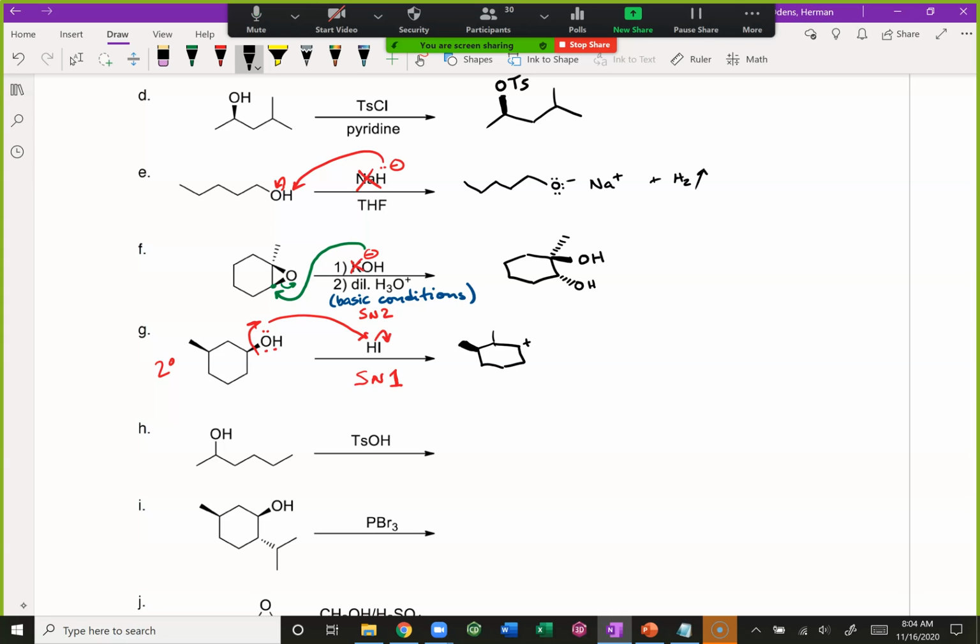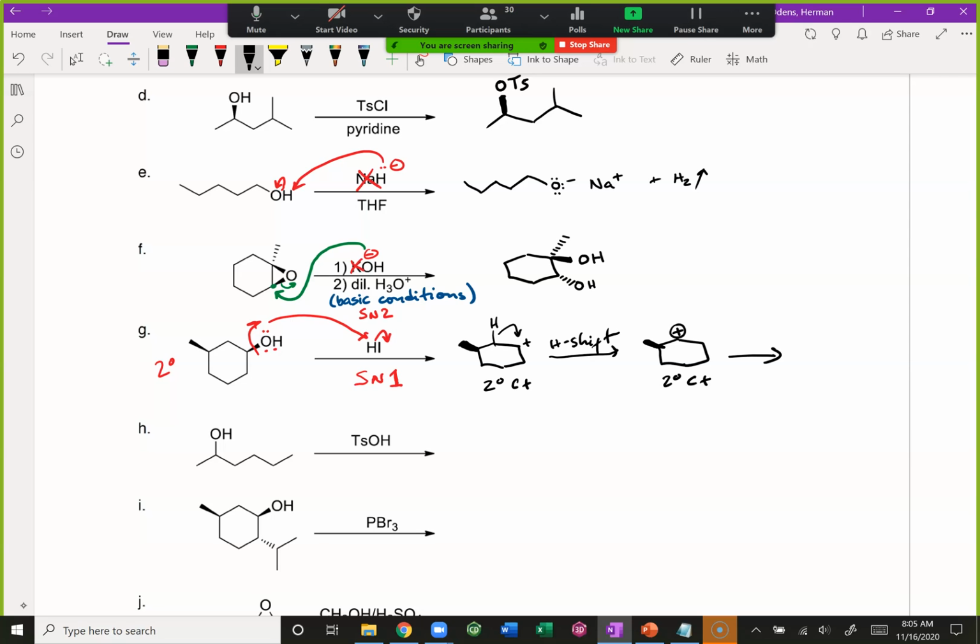Then you have one hydride shift, and that's going to give you another secondary carbocation right here.